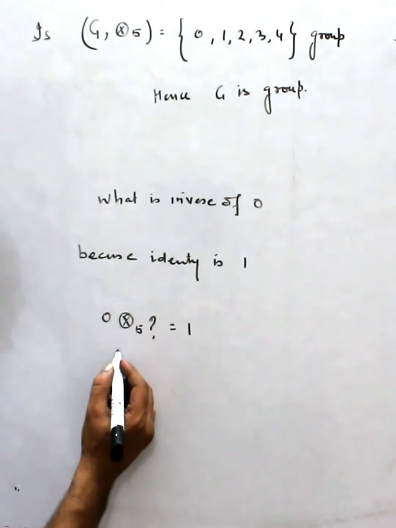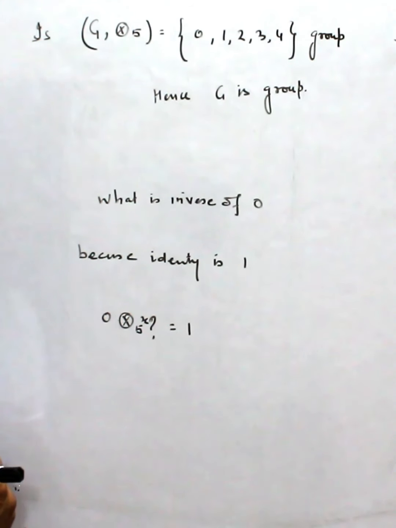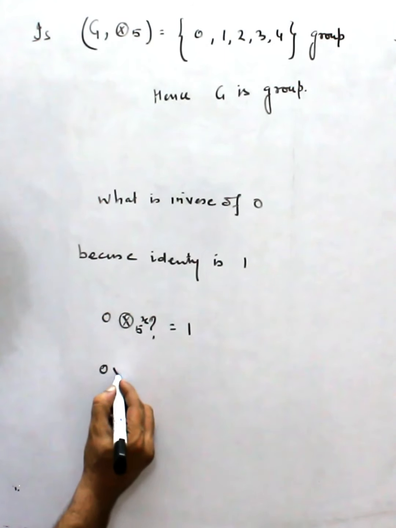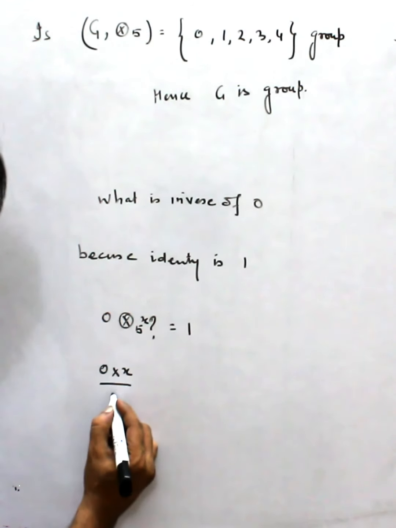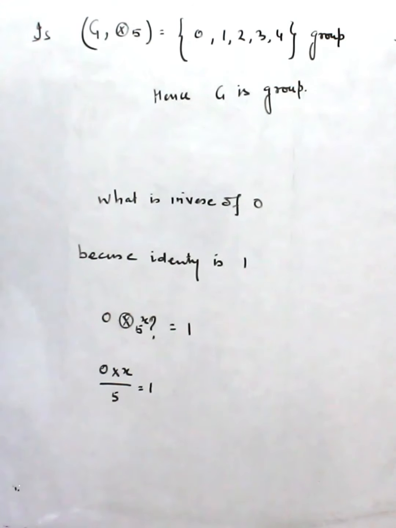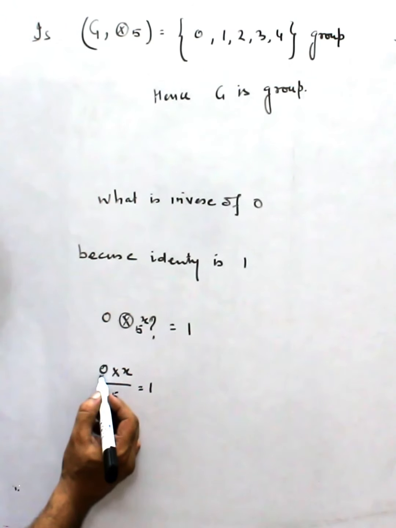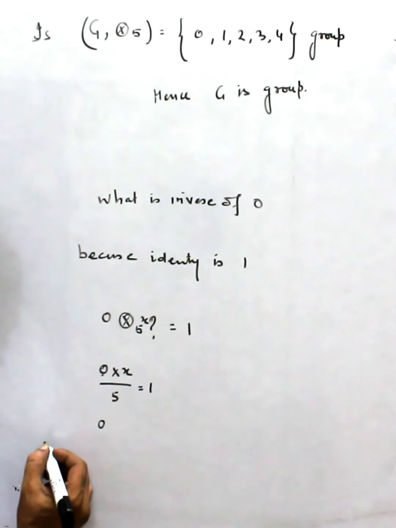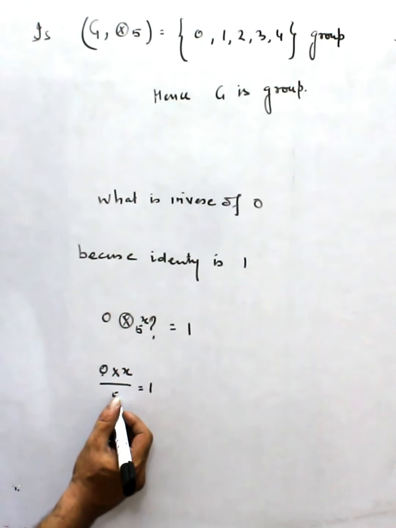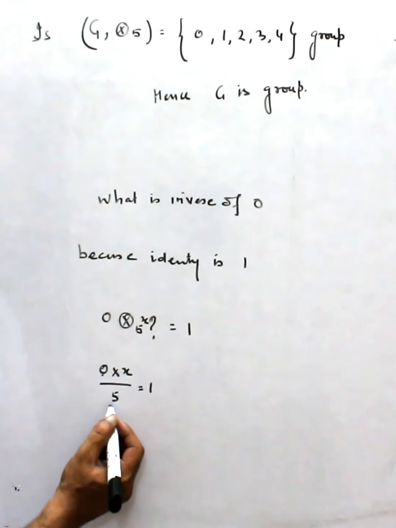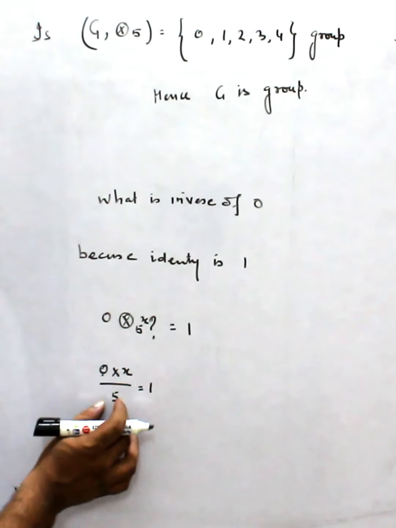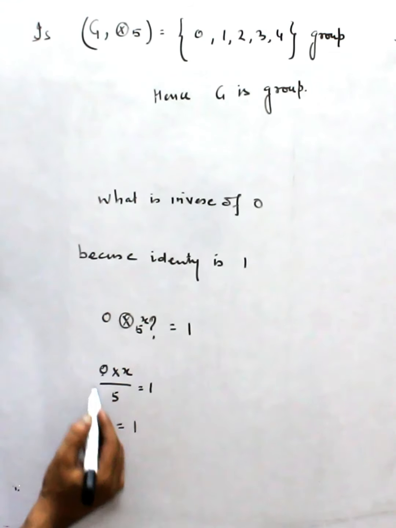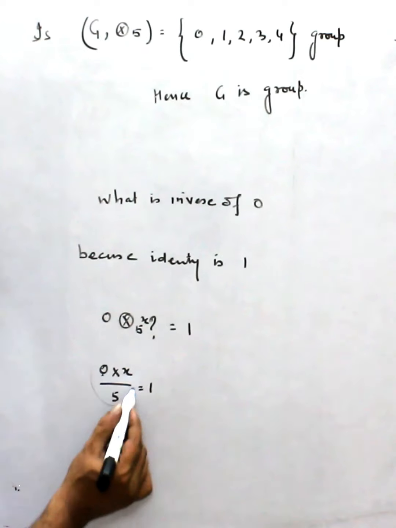Because this means what? Suppose it is x, then what we have? 0 times x divided by 5 should be 1. But if we take the product of 0 and x, this is obviously 0. And dividing by the denominator 5 has no role. So if we calculate, this whole term becomes 0.